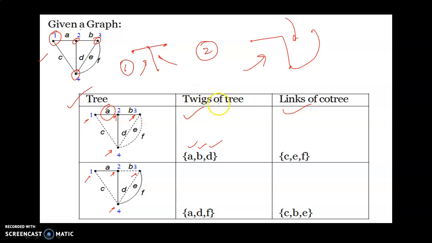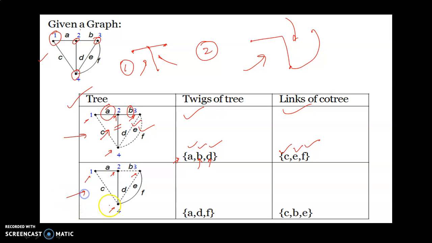The twigs of the tree are A, B and D, and the remaining are C, E and F in this tree.